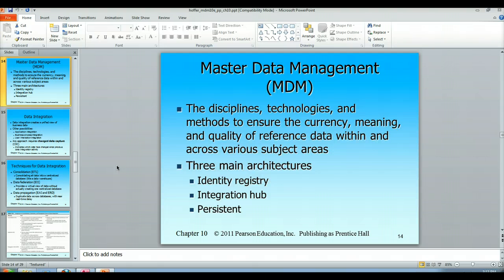But we've got two different systems that have two different lists of customers, so which customer record is correct? So we would have an identity registry architecture in place where we would have two separate systems, but one location that would say this is the correct customer record, for instance.